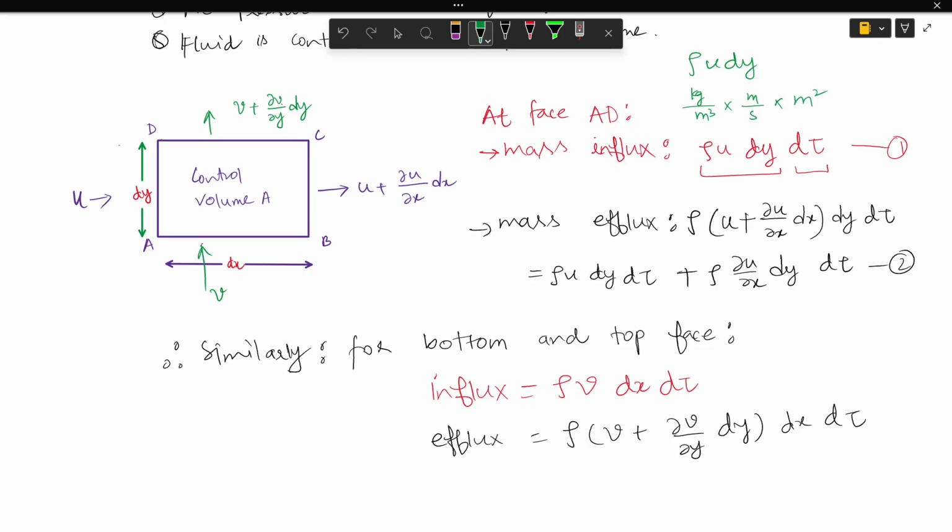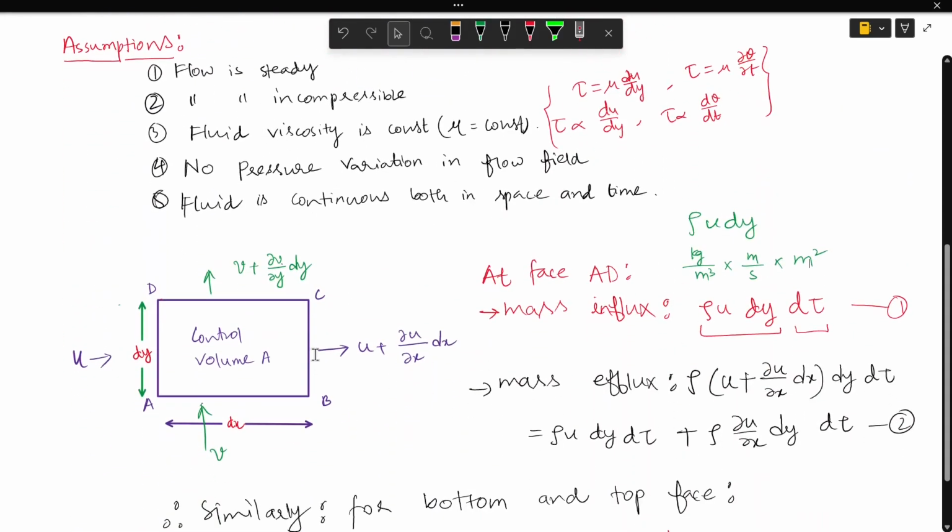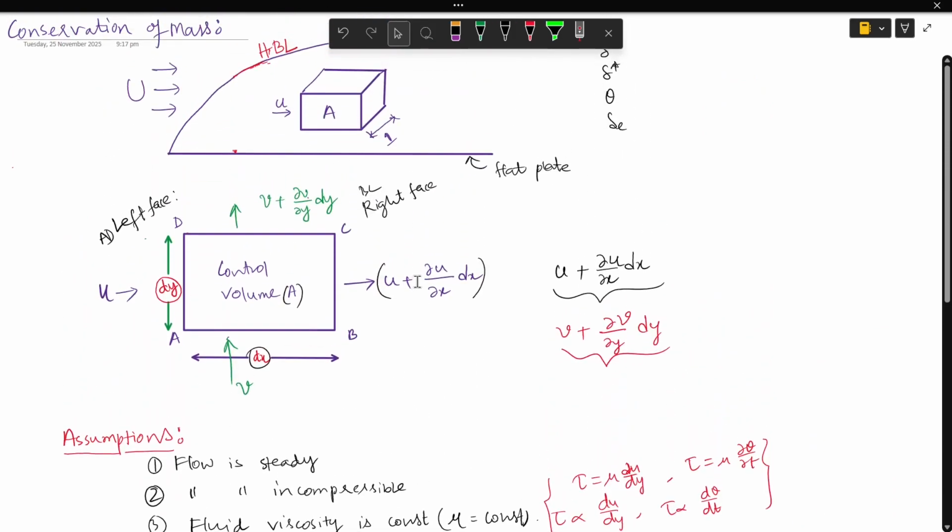Why meter square? Because it may seem that dy is basically just a length, right? But actually, I have already told you that this has a unit thickness. So this AD phase is something like this.